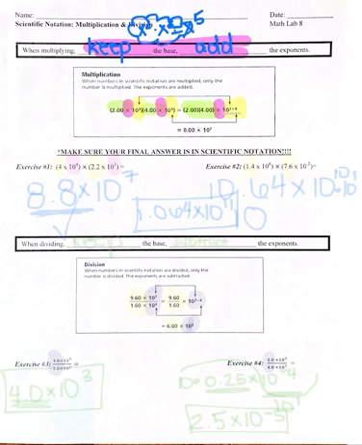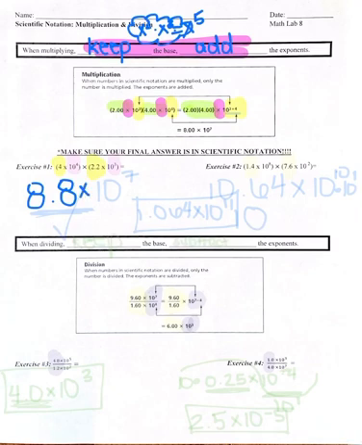Okay, so in this first example, we're multiplying 4 times 10 to the fourth by 2.2 times 10 to the third. So what we want to do first is multiply those numbers in the front. 4 times 2.2. That gets us 8.8. We're going to keep that multiplication sign in the middle.